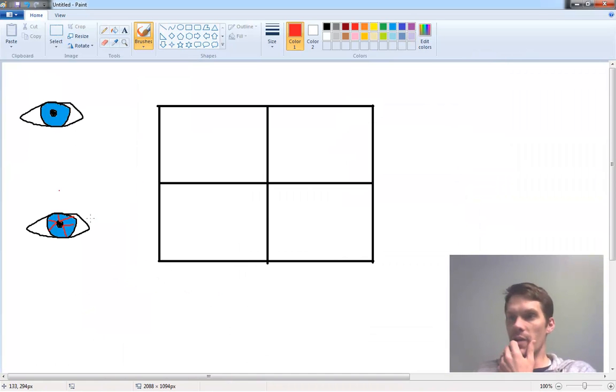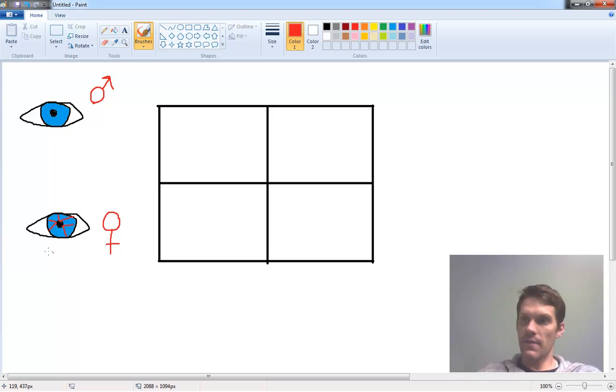This is our phenotype, and we're going to use color blindness because that is actually something that is on the X chromosome. This is our female, and this is our male. This is the symbol for female and male, if you didn't know that already.